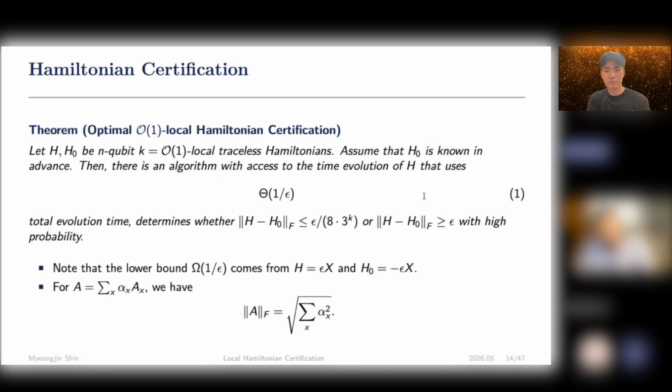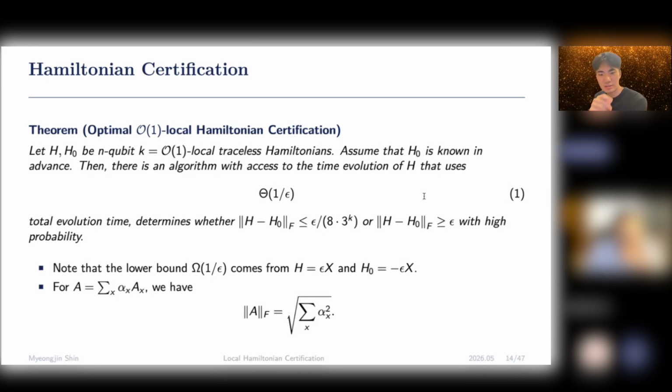So we proved the upper bound, and the lower bound simply comes from this example. It was known, so we achieved optimal constant local Hamiltonian certification. And I just wrote the definition of the Frobenius norm of H. The Hamiltonian certification is usually done in the Frobenius norm.